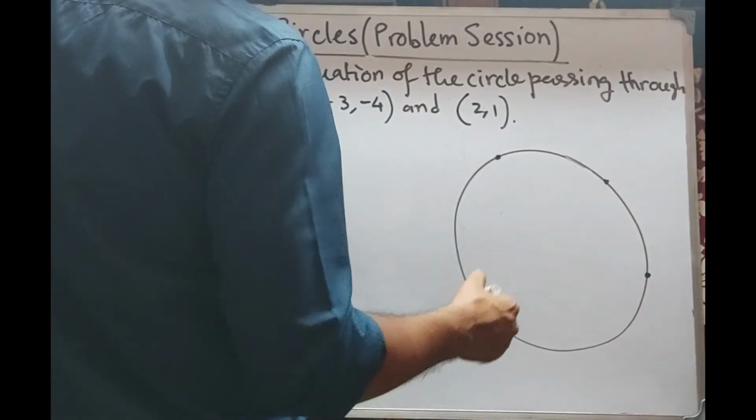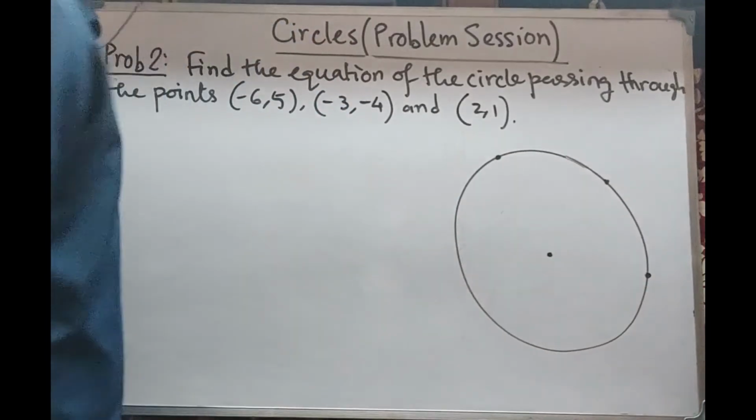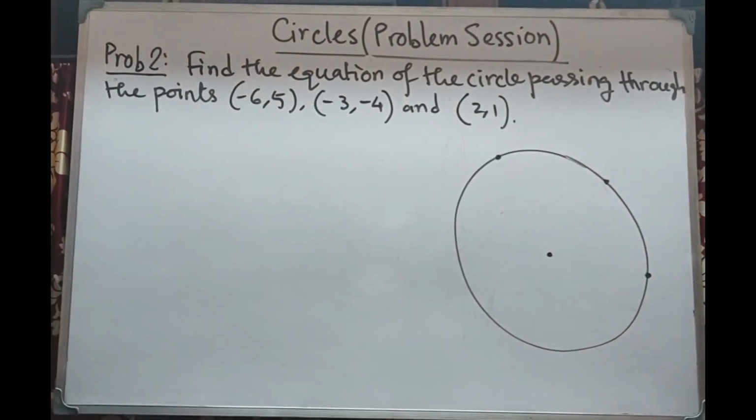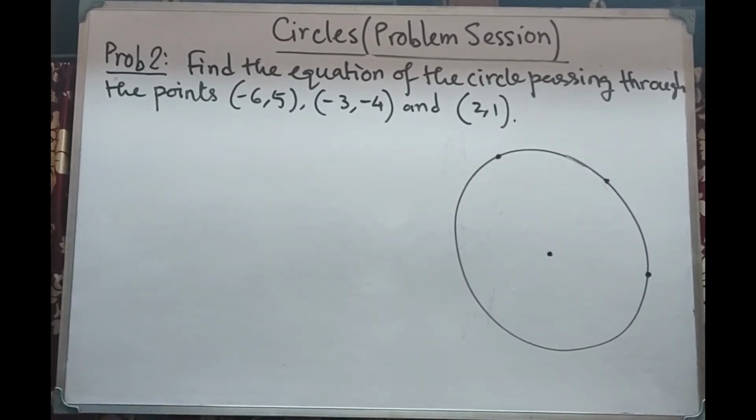So obviously you can find a point which is equidistant to all the 3 points, and whenever this is happening you can say that the 3 non-collinear points are actually lying on a circle.